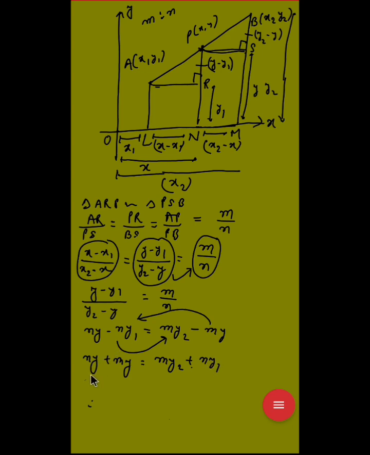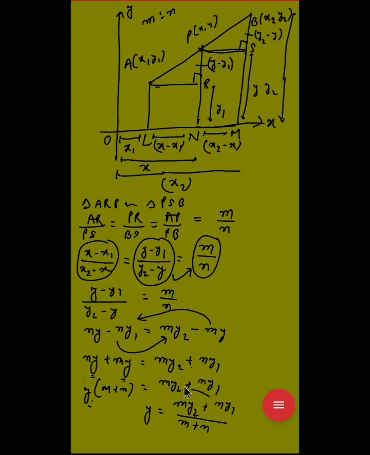Now similarly we take y as common, so it becomes y in bracket m plus n is equal to my2 plus ny1. Now calculating the value of y, it becomes my2 plus ny1 by m plus n.